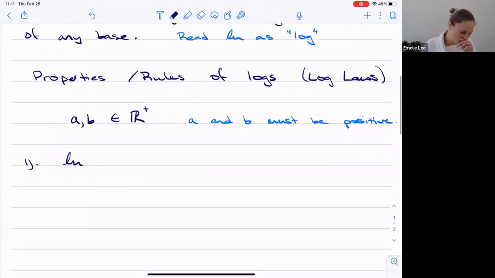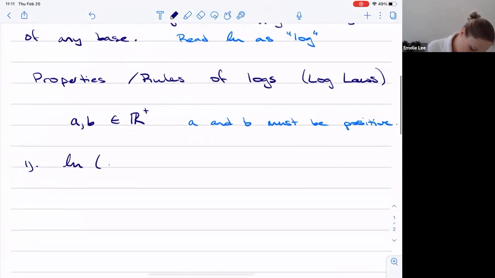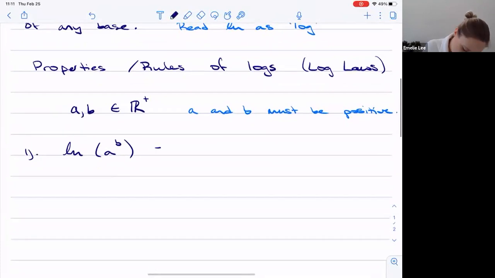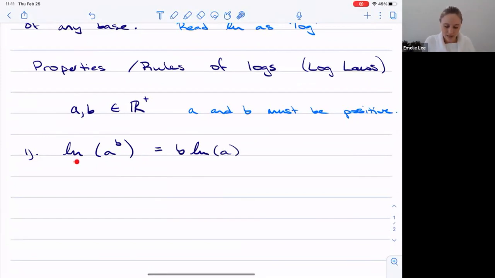So the log of a to the power of b. Notice that I've wrapped a log around a to the power of b. What we said is, okay, we need these logs to be able to solve for the exponent. Well, here's how we bring it downstairs. It's by this first property that says I can rewrite this as b times the log of a, right? So by this property, this is how I'm going to be able to bring something downstairs.